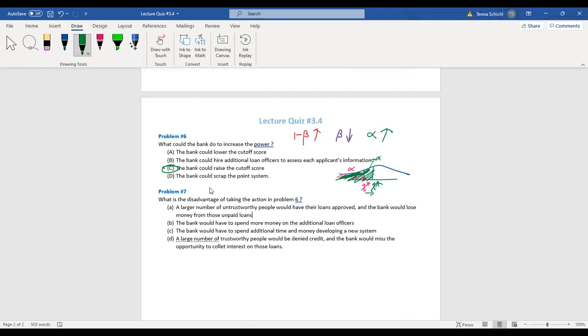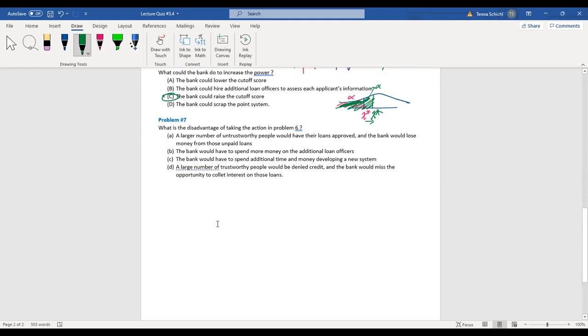Okay, now let's take a look at problem number 7. What is the disadvantage when the bank takes this action? When the bank takes this action, that means it raises the cutoff point.